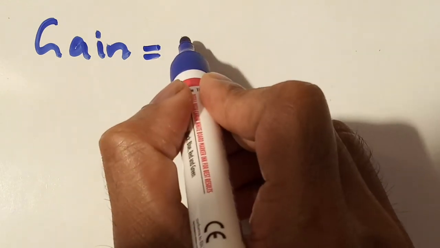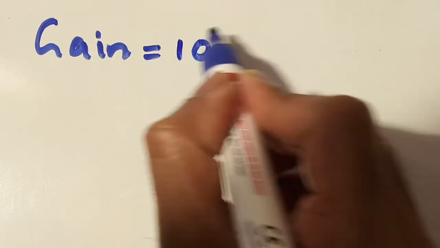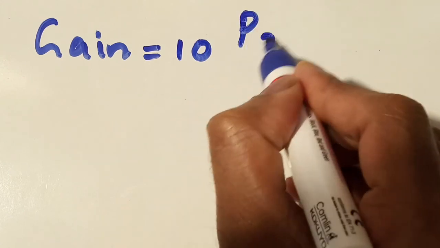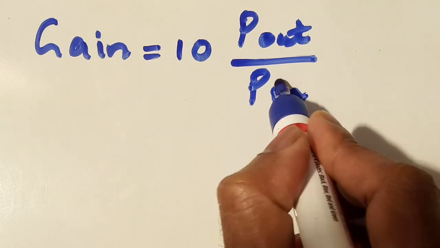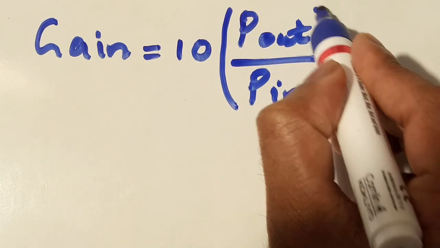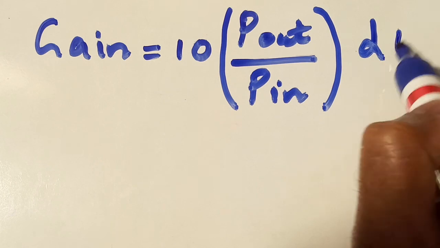Power gain in dB is given as 10 log to the base 10 of P out divided by P in, power out divided by power in.